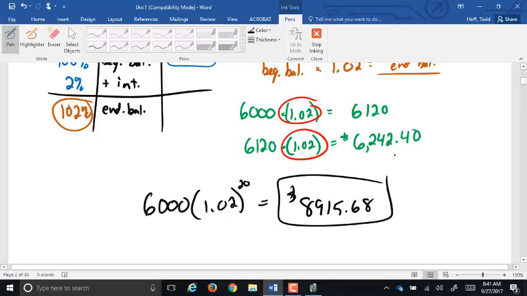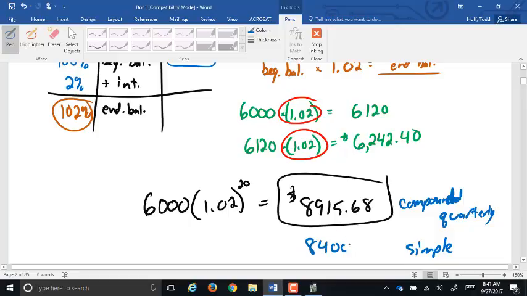Now, if you compare that, that's the compound interest if it's compounded quarterly. If it was simple interest, remember that balance came out to $8,400. So there's over $500 difference here over the 5-year period because we compounded. That compound interest is a very, very powerful thing.